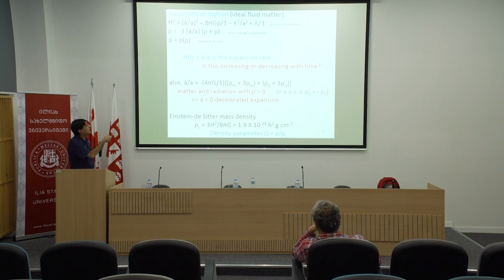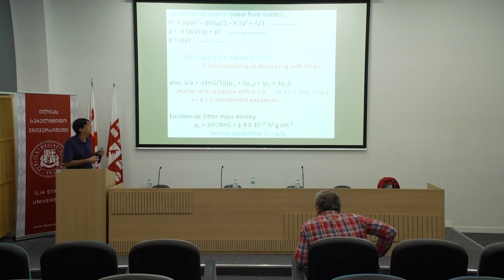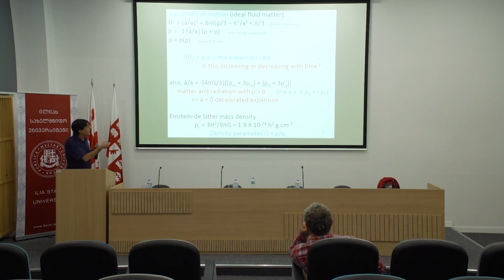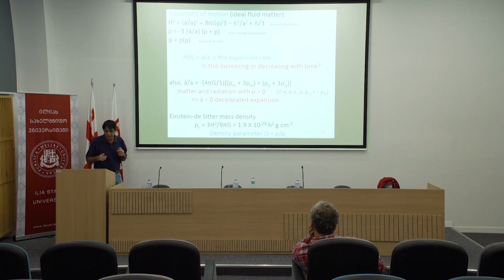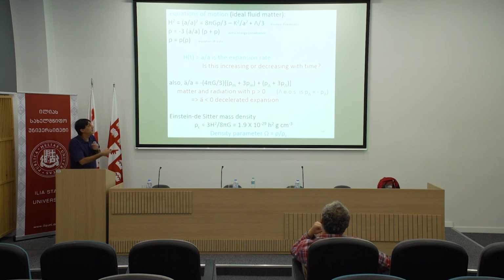So we have these three equations, and these are the equations of motion. They're more complex than the equations for the harmonic oscillator, but that's what we have to deal with. So the first thing we know is that the Hubble parameter is A dot over A, and things are moving away from us, so A dot is positive. The next thing we might want to find out is whether this expansion rate is increasing or decreasing with time.